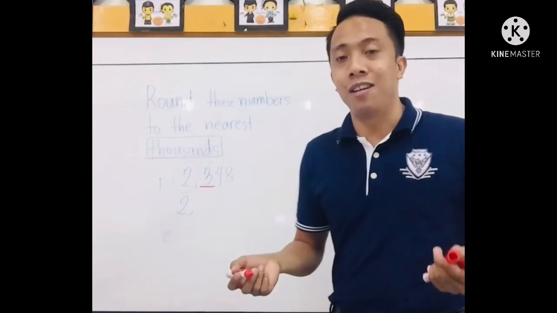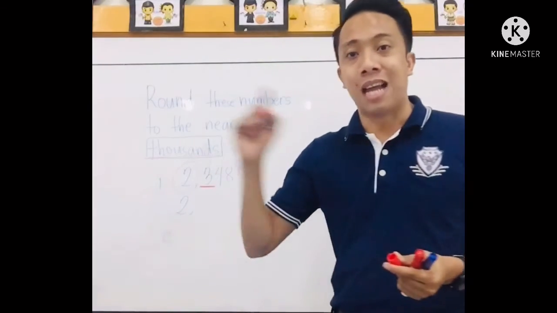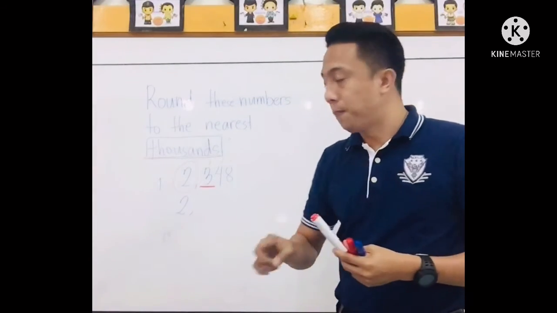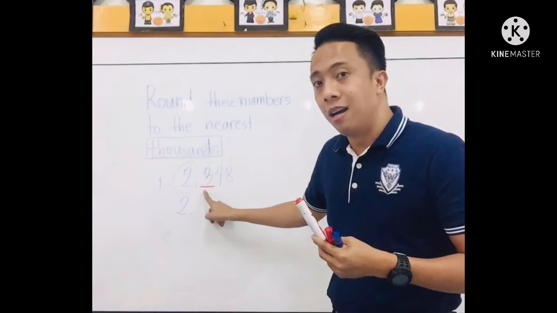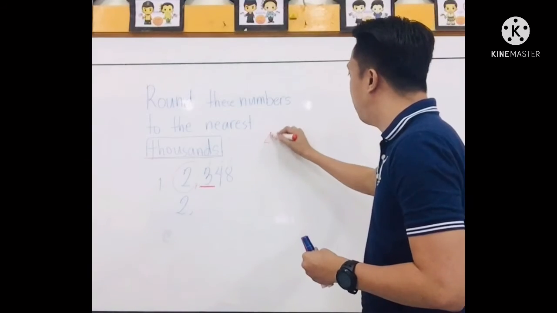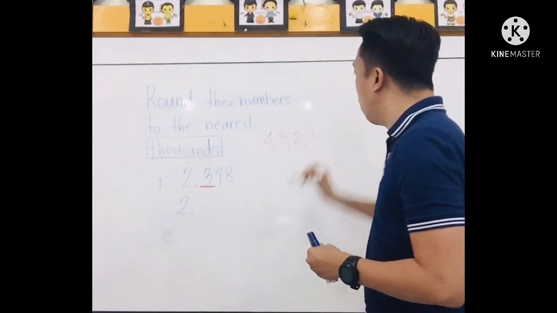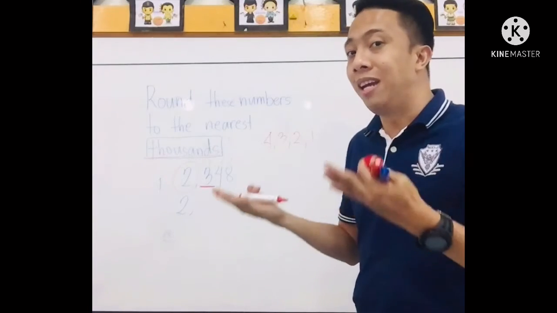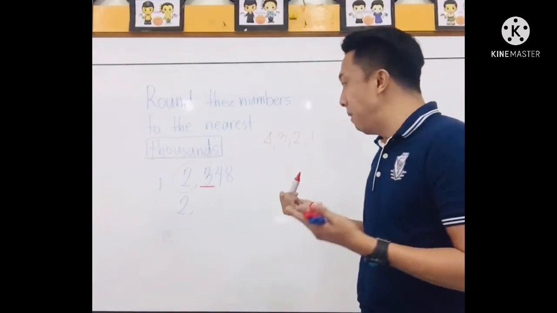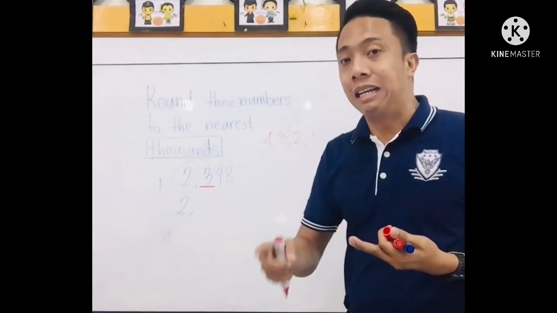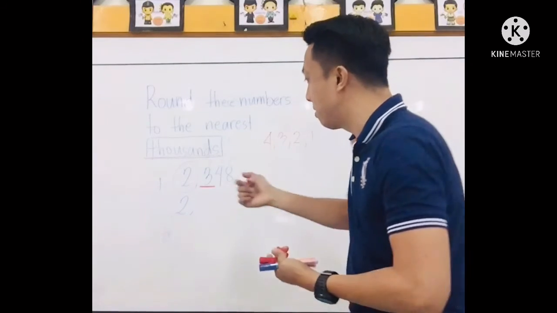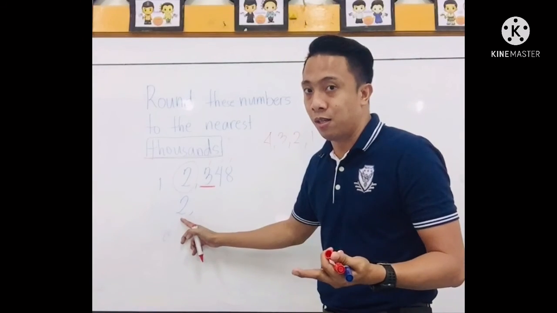The third reminder is if this number is 4 or below, that means 4, 3, 2, 1, we need to ignore. That means we will not add 1 on this number. We will just copy 2 as it is.